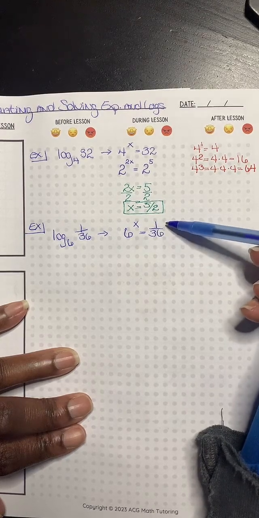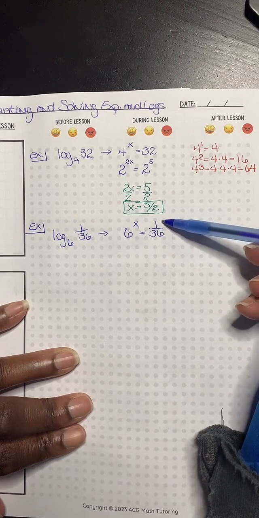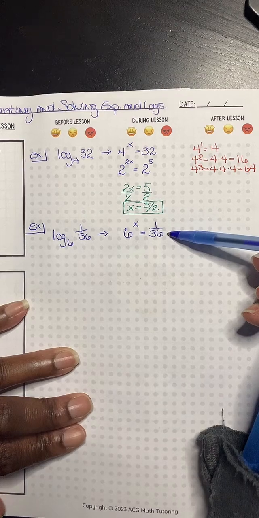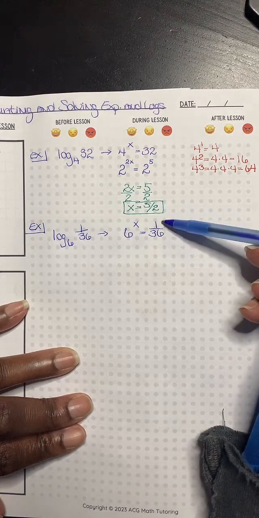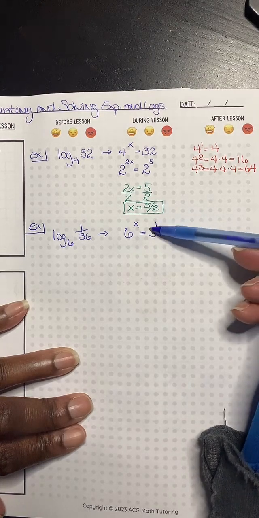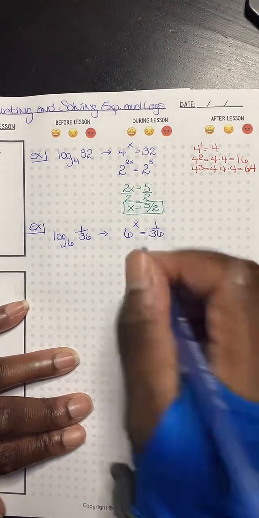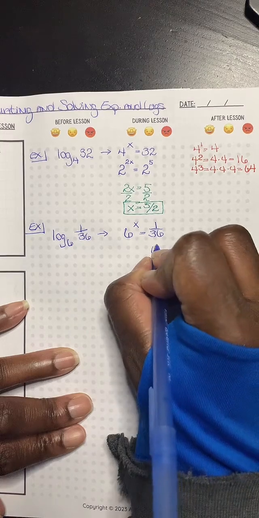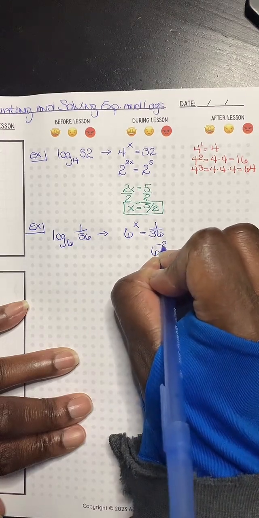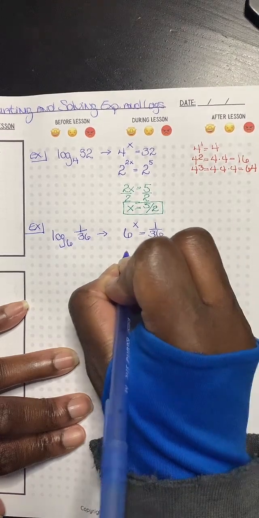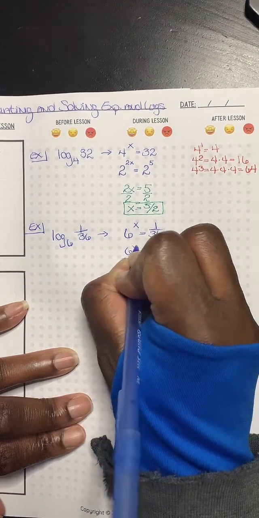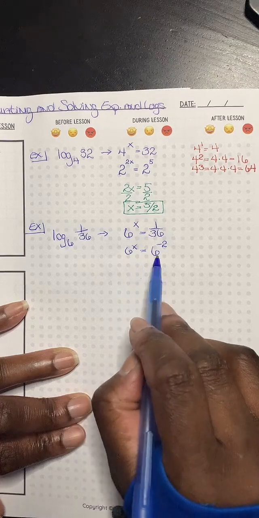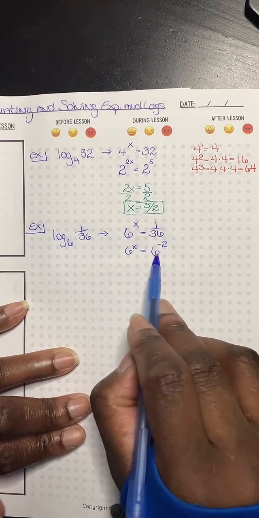Because remember, when we have a negative exponent, our number drops into the denominator, or basically it flips. So in order for me to have a base of 6, I need to have a negative exponent. Okay, so I have the same base of 6.